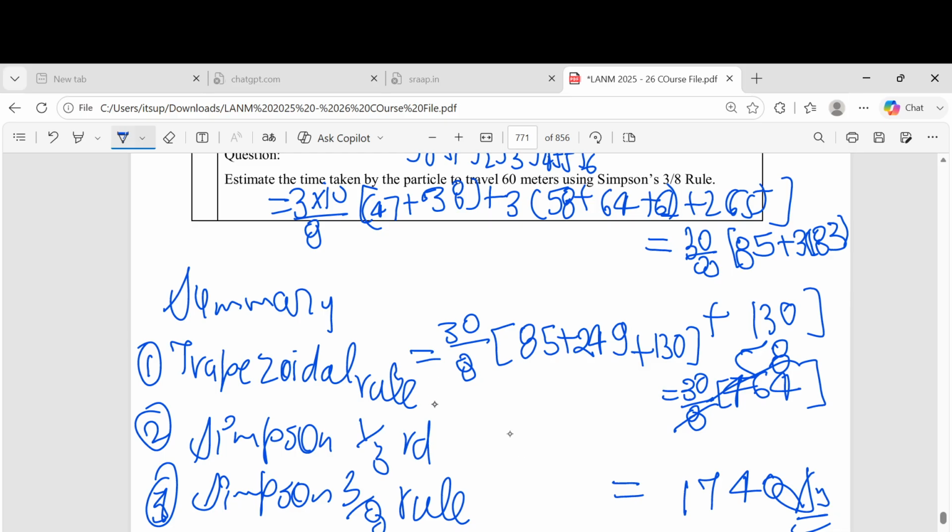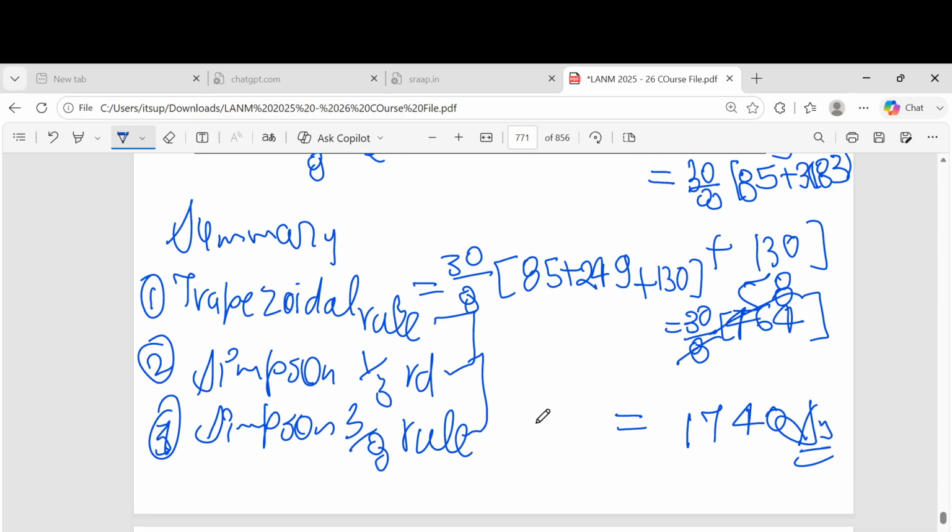I have also described some related formulas and some of the questions. In the next class, I will describe the numerical solution of ODE.